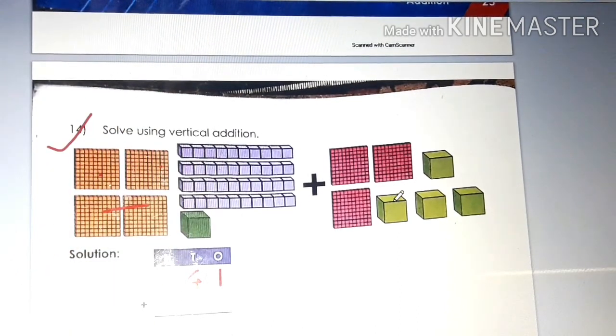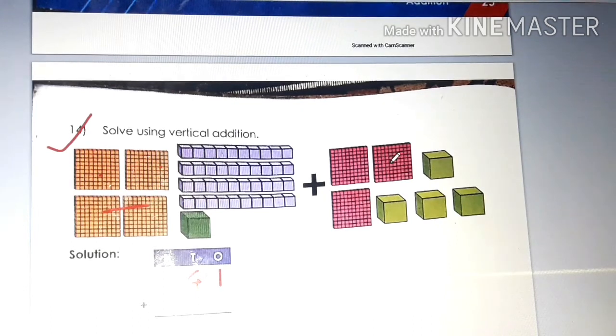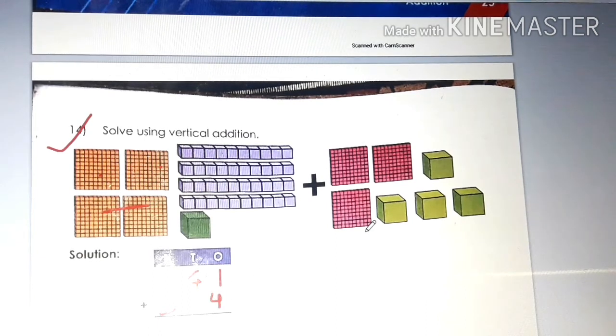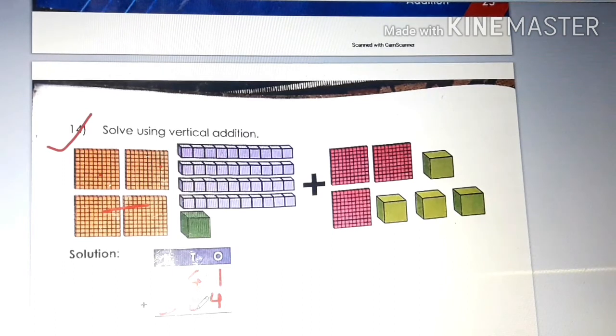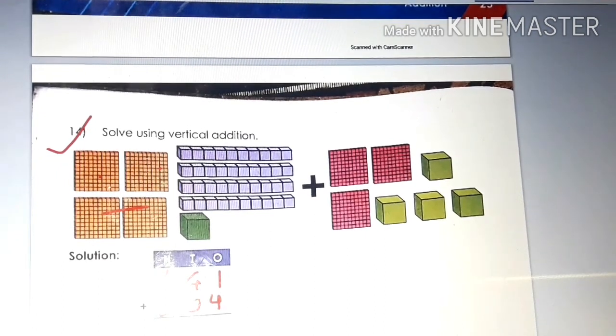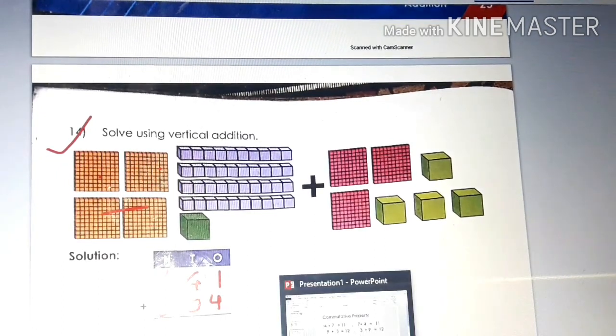Plus you have to add, again hundreds. How many are there in hundreds? 3. Then the ones, how many? 4. And is there any digit in tens place? No. So children, what will you write? 0. Clear? Then you do the addition. This will be homework. You can do it.